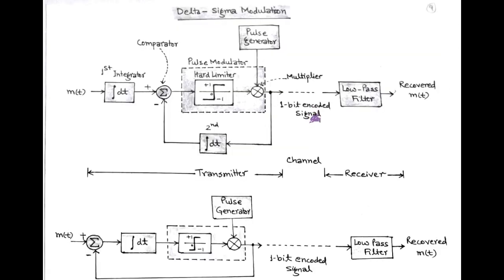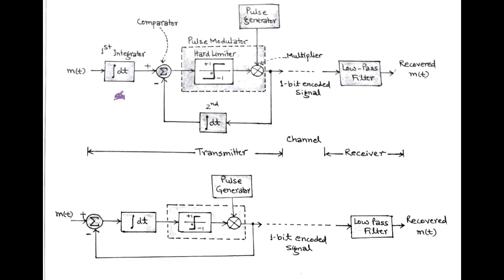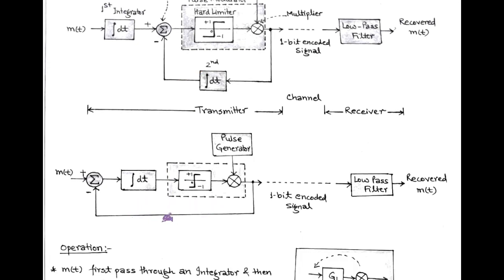Here, the use of integration at the transmitter side requires differentiation at the receiver side. But the first integrator gets cancelled by the second integrator and there is no need of a differentiator at the receiver side. So the receiver design becomes simple, and by using a simple low pass filter, we can demodulate the original baseband signal.